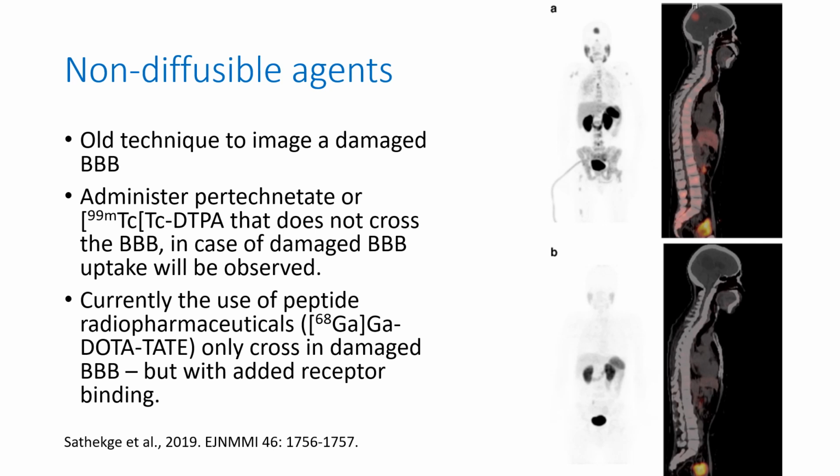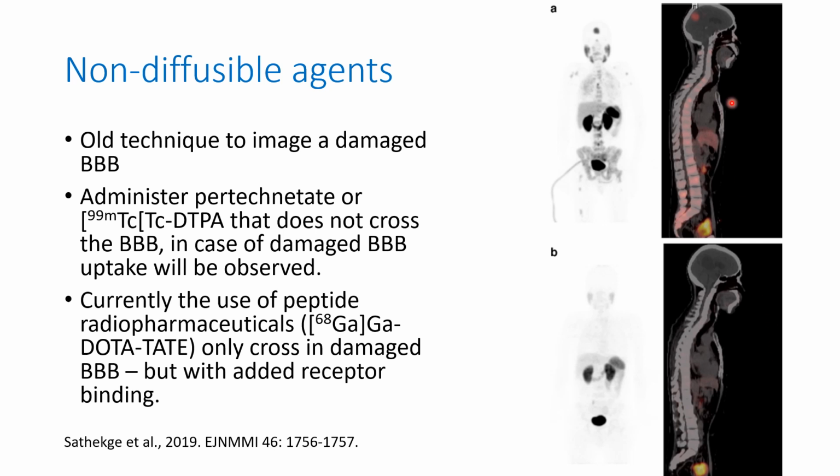Currently, there has been some increase in the use of peptide-based radiopharmaceuticals for therapy in the brain, or just as theranostics in certain metastases. And I have here an image from a PSMA scan.